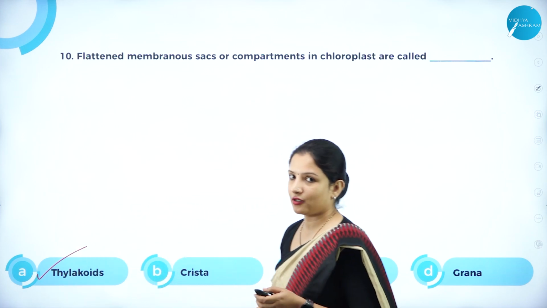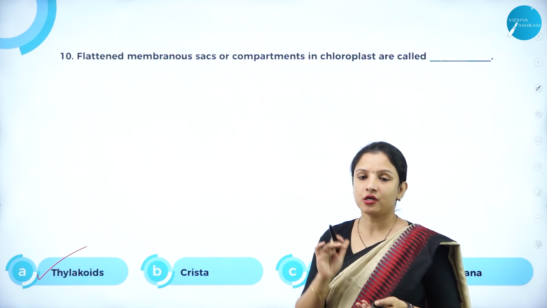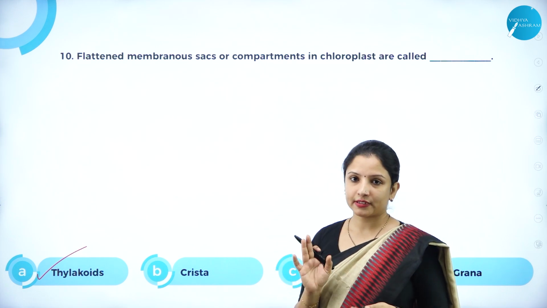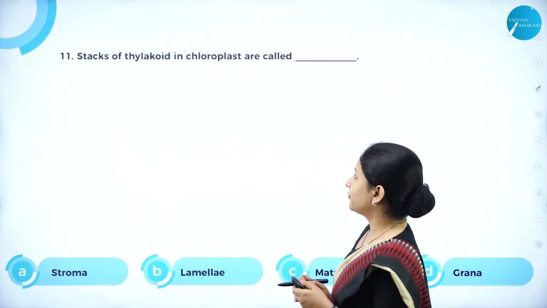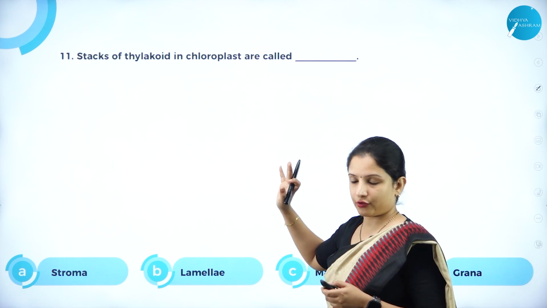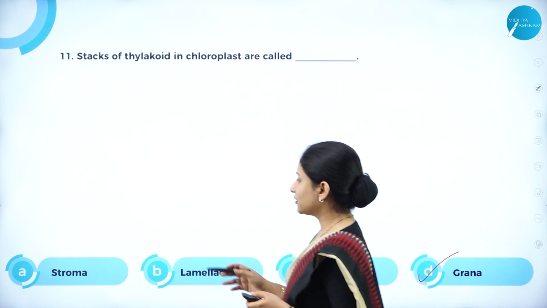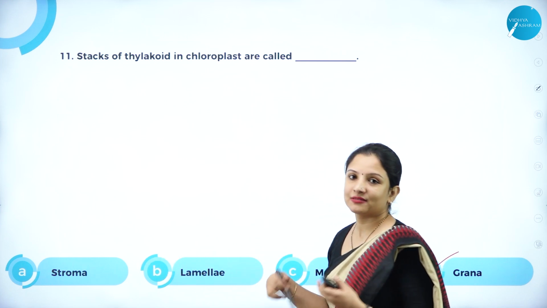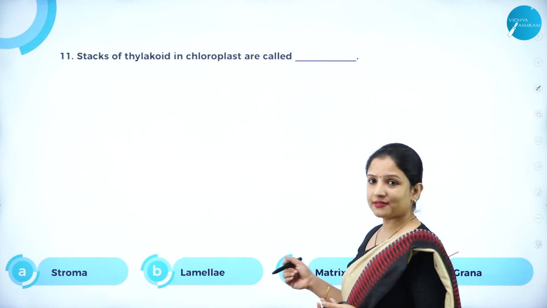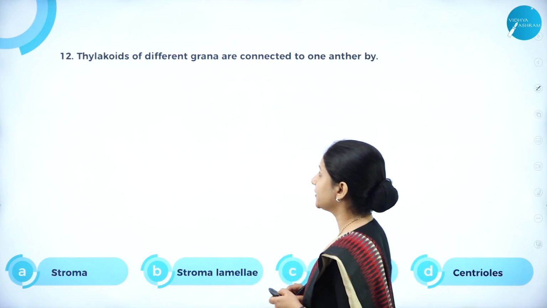The right answer is thylakoid because each thylakoid is a flattened membranous sac-like structure and the thylakoids together we call the grana. Next question, stacks of thylakoid in chloroplast are called grana. It's not stroma. Stroma is the fluid matrix inside the chloroplast. Lamella is the membrane. Matrix is in mitochondria. So grana is the right answer here.